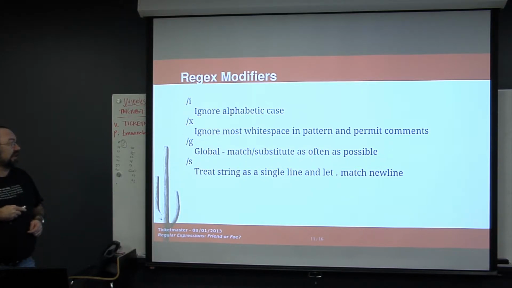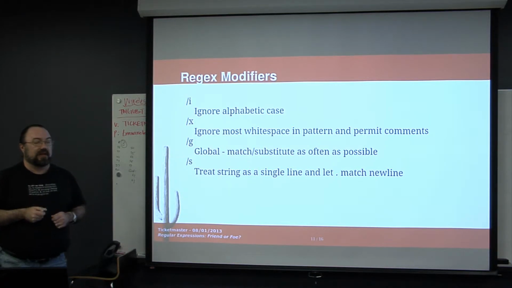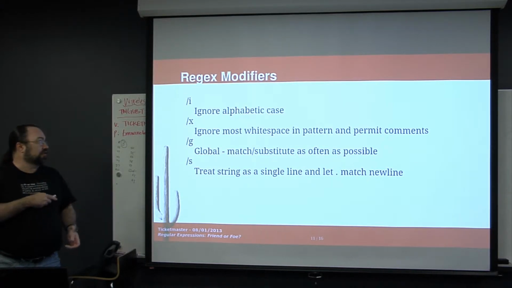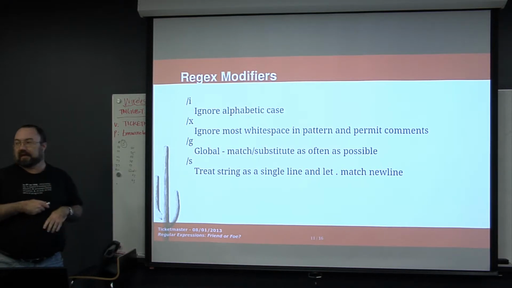This one is another one that gets used a lot. G is global. That means you want to know every single time that matches. Like if you've got a paragraph of text and you want to pull out every number in there, you would use G and you use the \d, the digit, and it would go through and find every single digit that's in that paragraph.